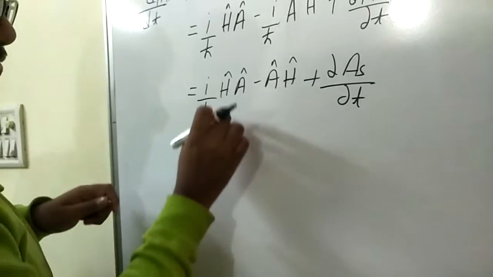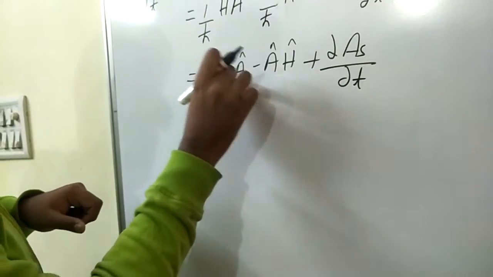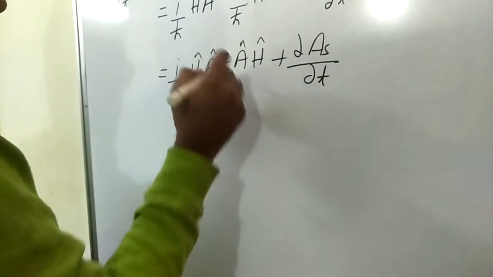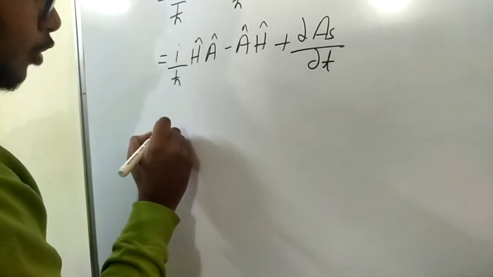Now we see that this thing over here is actually a commutator, because we have an operator acting upon another operator, and we have the same thing but in reverse. So this is what emphasizes a commutator.